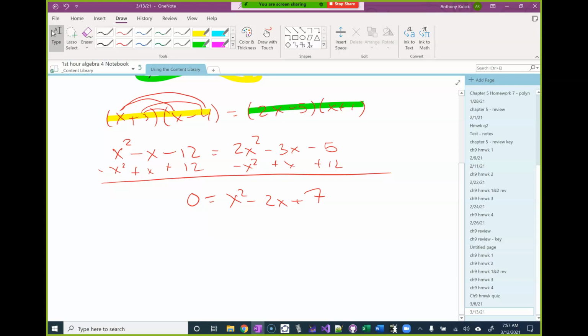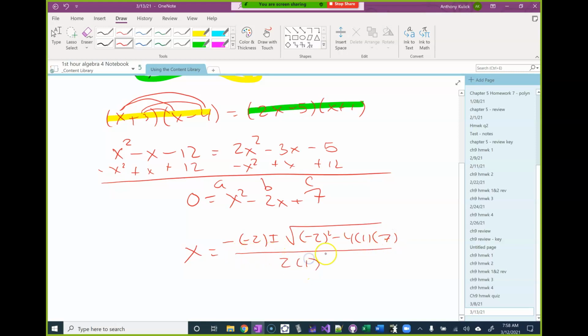So we can use the quadratic formula. Yep. So that is x equals negative b, oops. So that's negative of a negative 2 plus or minus the square root of b squared minus 4ac all over 2 times a.